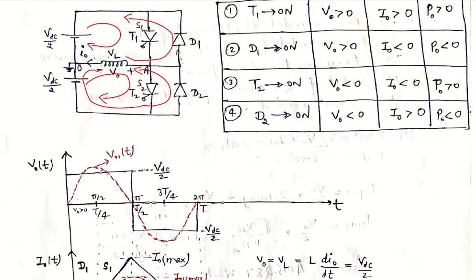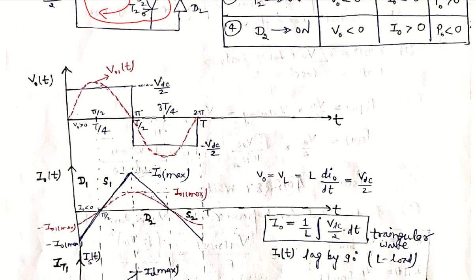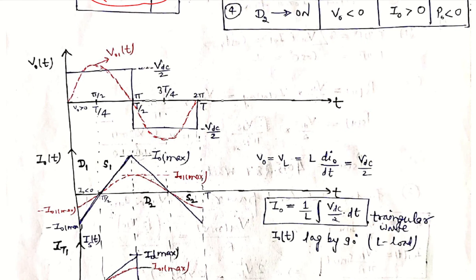Now we see what the output current waveform is. In the case of the inductive load, when DC excitation is applied to an inductor, its current waveform will be triangular in nature. V naught equals VL, the output voltage equals the voltage across the inductor, which equals L di by dt.